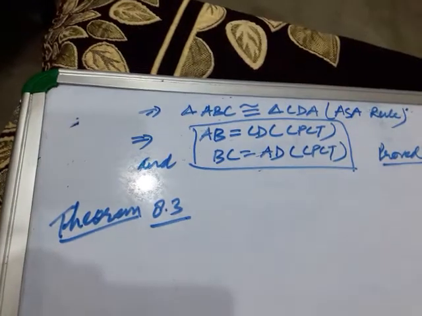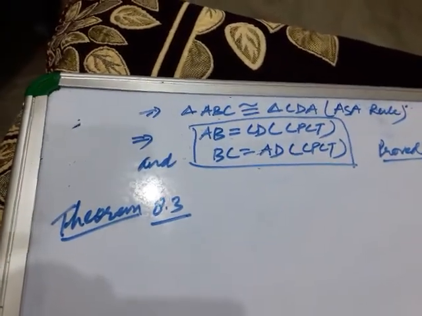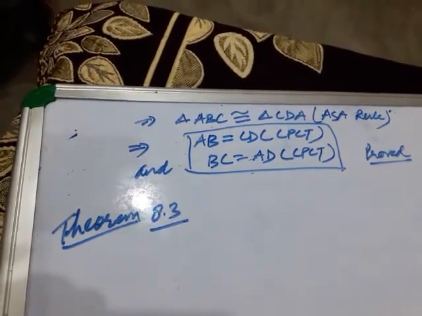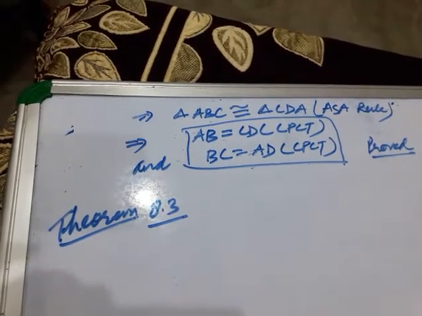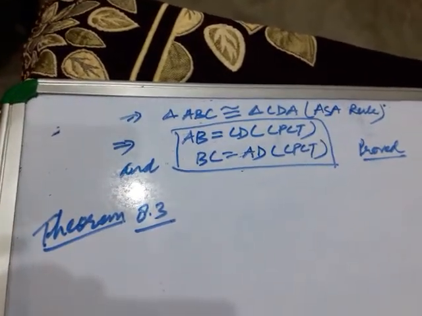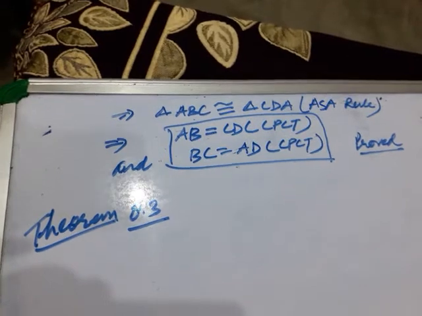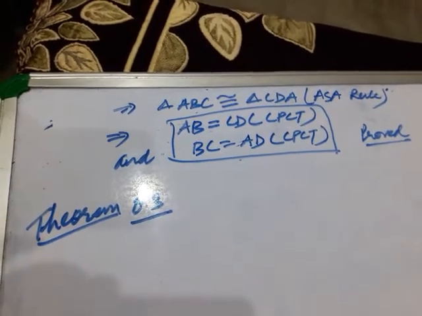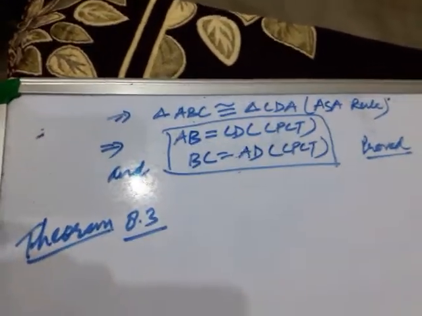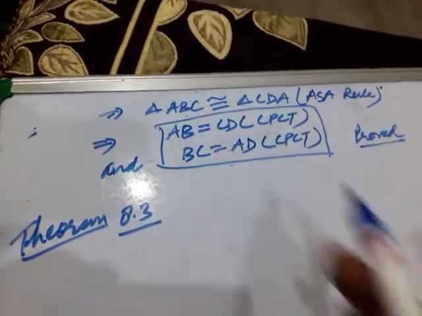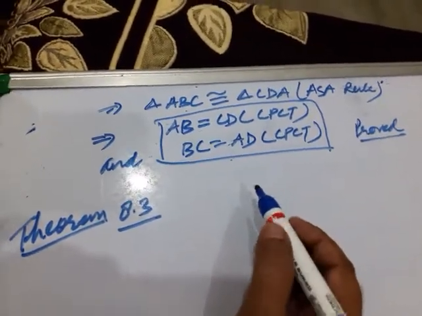What is its statement? If each pair of opposite sides of a quadrilateral is equal, then it is a parallelogram. This is the converse of the previous theorem, theorem 8.2.